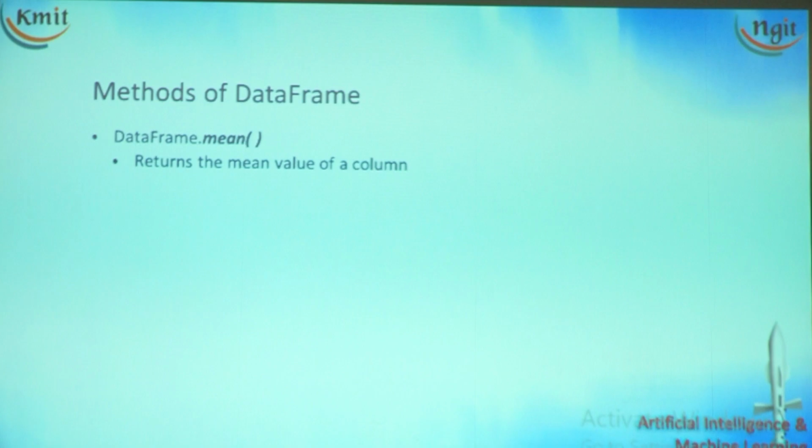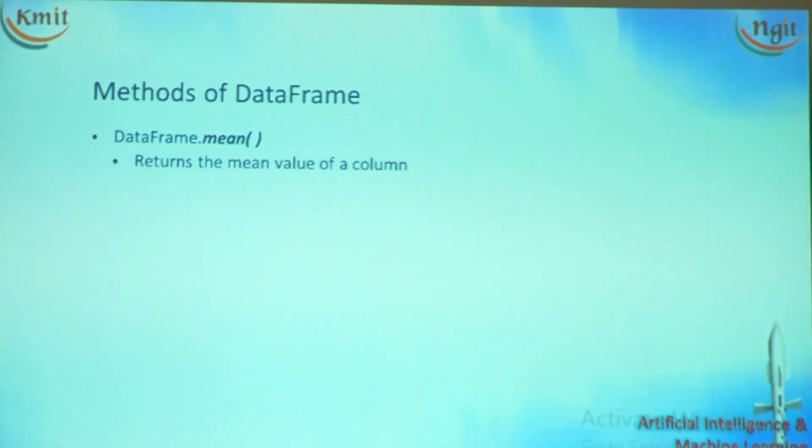I ask them their grades. 6 of them gave A grade, 2 of them were B, 2 of them were C. What grade should I allocate to this guy? A. Mode. So where I should use mean, where I should use median, where I should use mode. Statistics is there, but where I should use, that is more important. For that, you require to study about distribution of data, that we will see again in EDA. Okay? So again, statistics plays an important role, and all the statistical methods are present in Pandas.